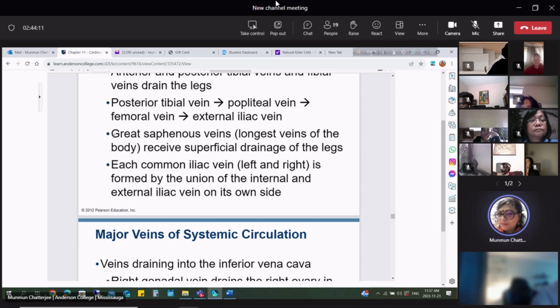This is important: what is the longest vein in the body? The longest vein in the body is the great saphenous vein.